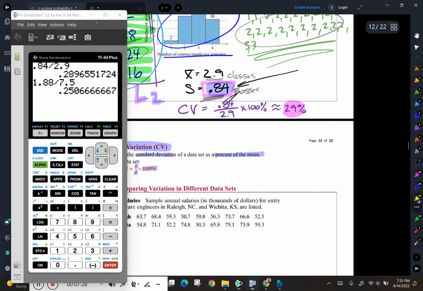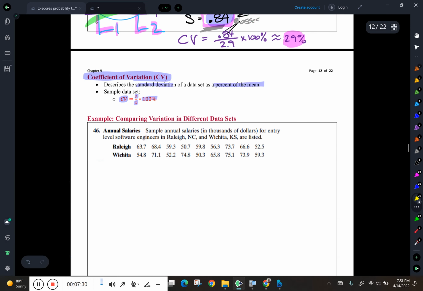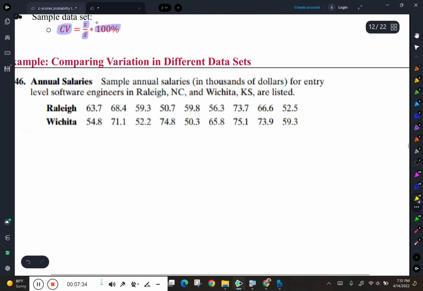We can also use coefficients of variation to compare data sets. Here I have two data sets. The first one is the salary for a bunch of software engineers in Raleigh, North Carolina. The second one is for Wichita, Kansas. What I want to do is compare these data sets. So I'm going to find a mean for the data sets, and I'm going to call the first one 1 and the second one 2.